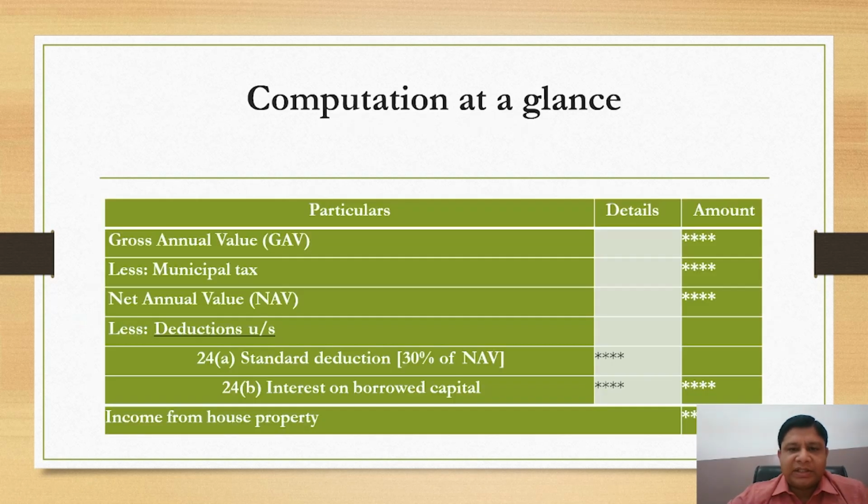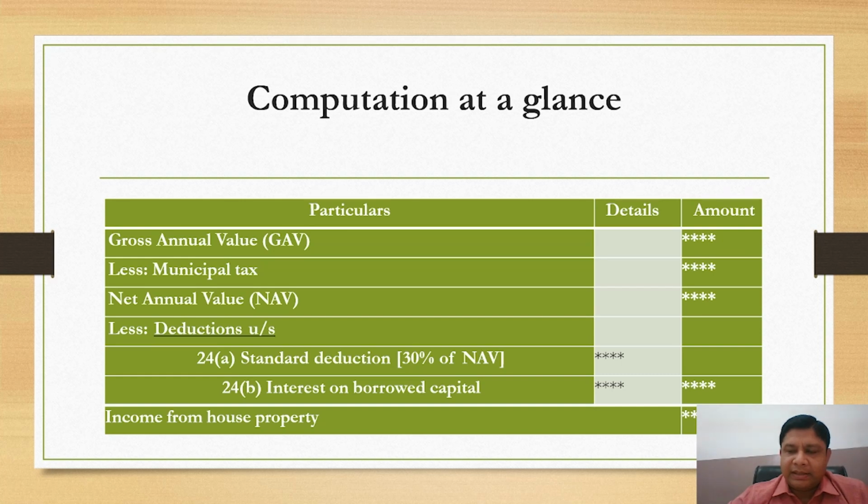Next, computation at a glance. Before moving further, we should know the process of calculation of income from house property. There are various heads in this: gross annual value, less municipal tax, then we get net annual value. From the net annual value, we will less the deductions under section 24A and 24B.